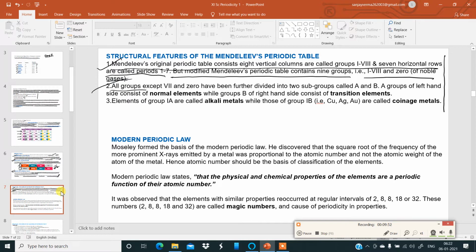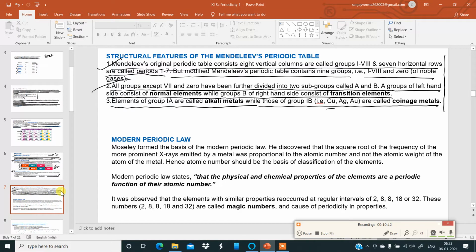All groups except 7 and 0 have been further divided into two subgroups called A and B. A group on the left-hand side consists of normal elements while B consists of transition elements. Elements of group 1A are called alkali metals while those of group 1B are called coinage metals like copper, silver and gold.